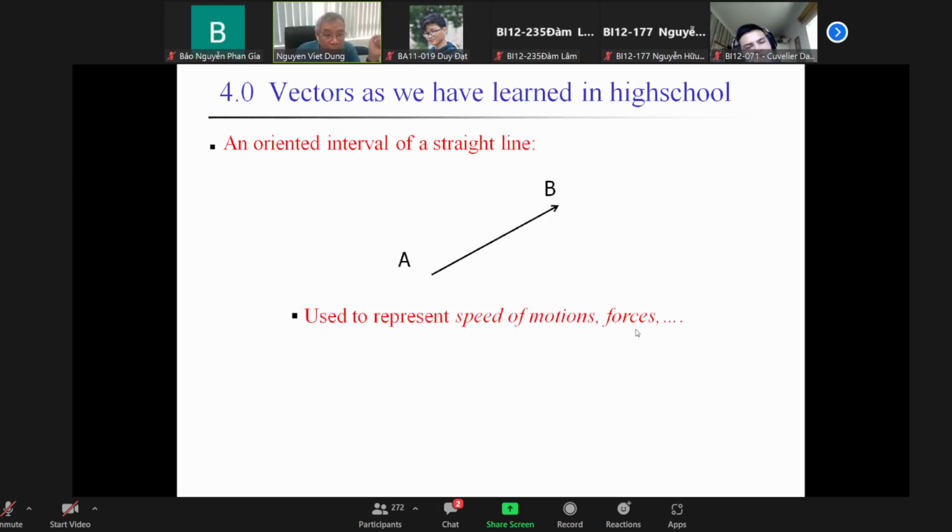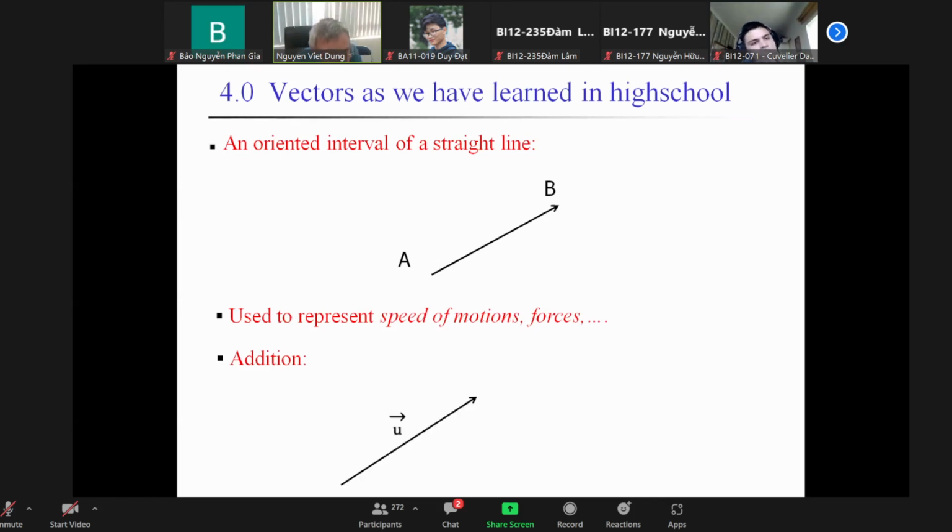Usually vectors in high school or in real life are used to represent some value like the speed of a motion or forces or something else. And usually for vectors like that, you can define operations like addition, subtraction, and you can multiply them by a number.